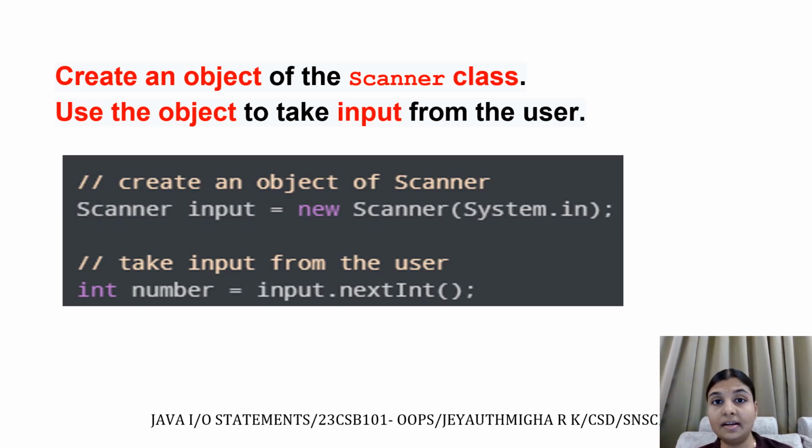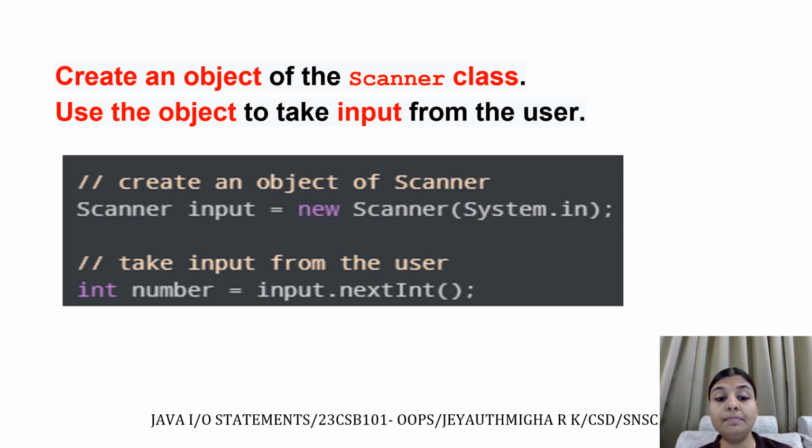So here the class name is Scanner, and we have the object name as input here. It is user defined, you can give your own, and is equal to new is a keyword for creating an object. We need to use this keyword, and then comes the class name Scanner, and inside that we need to pass the arguments. The Scanner class accepts an argument System.in.